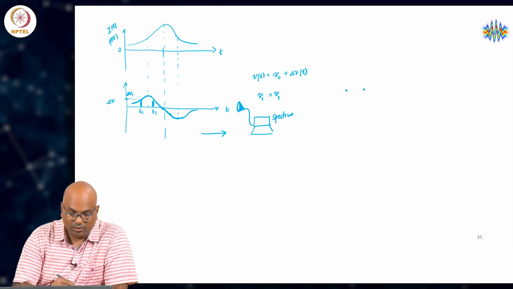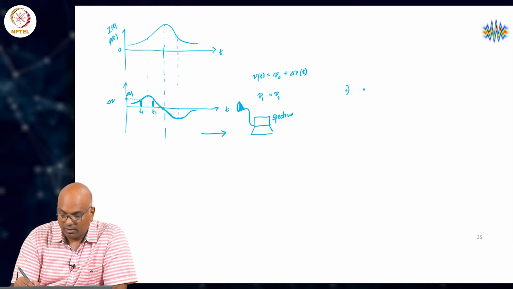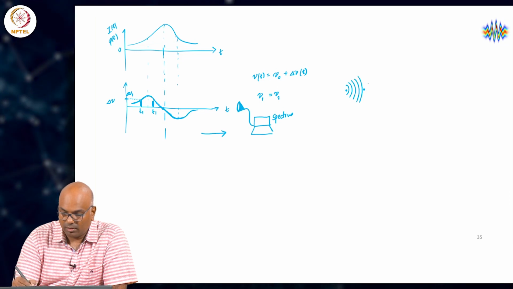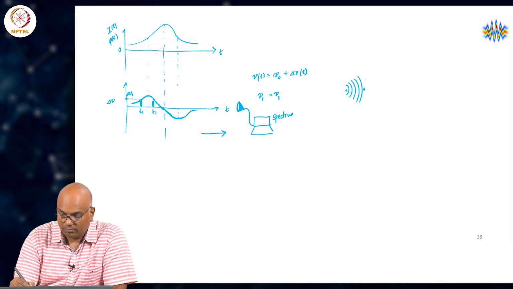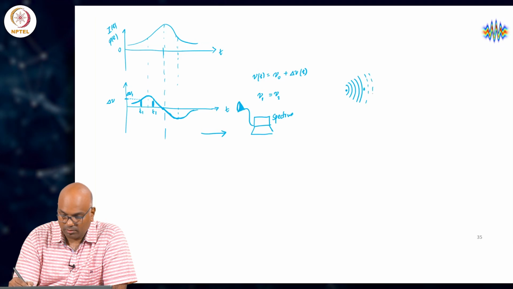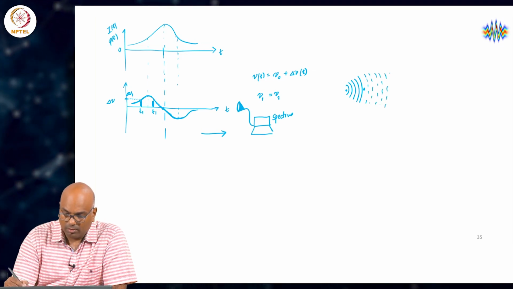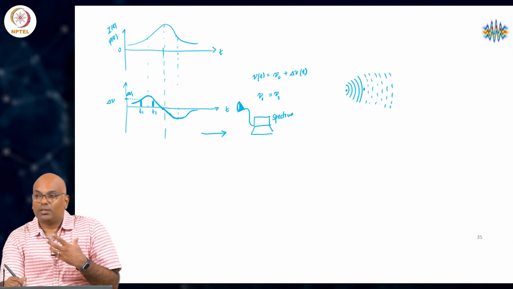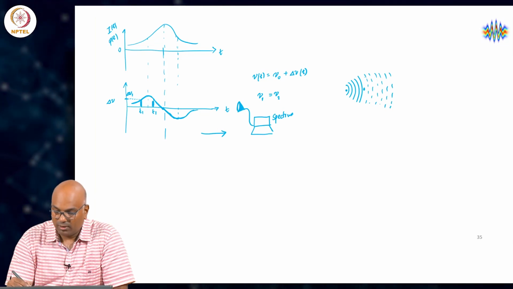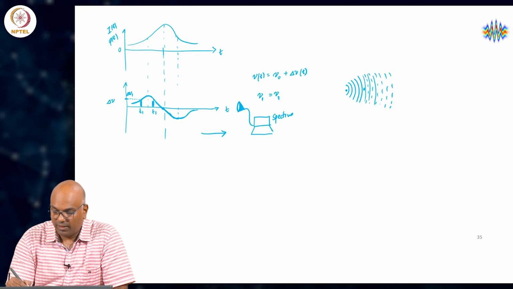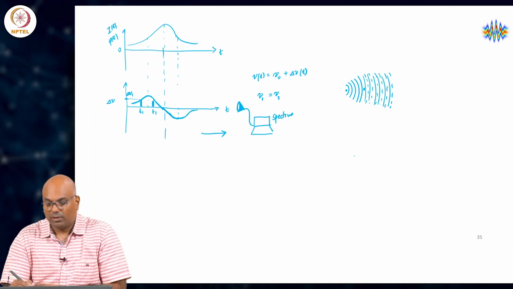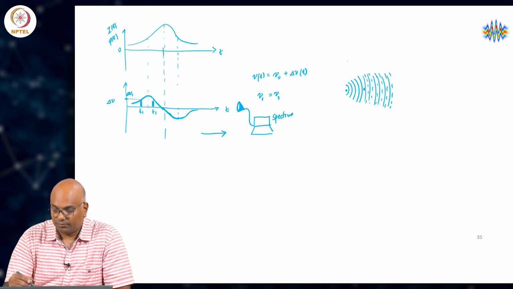Now this detector sees two sources, two coherent sources supplying waves of the same frequency.